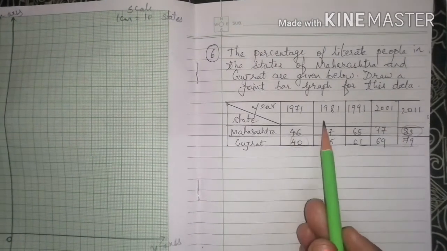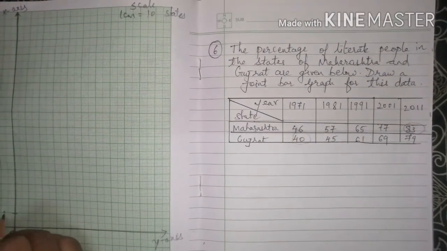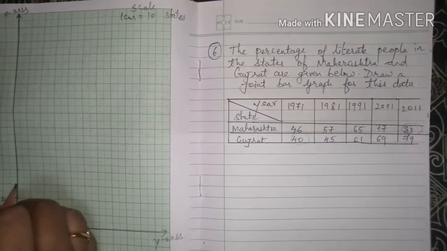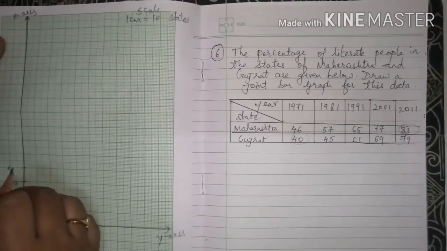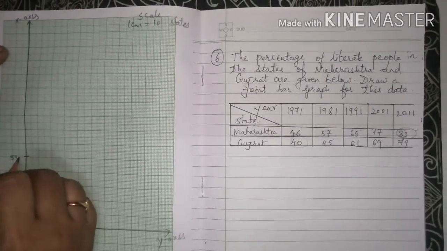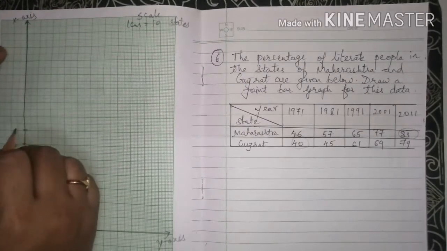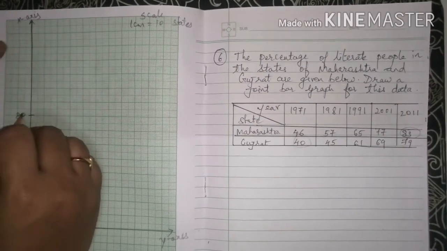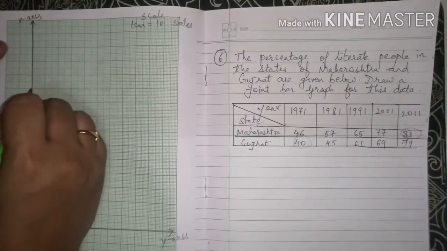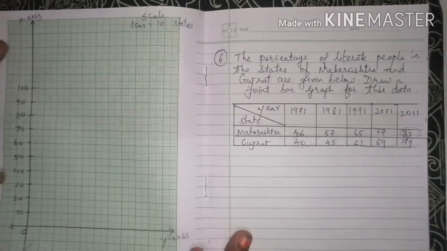And 10 people is what they 10, 20, 30, 40, 50, 60, 70, 80, 90, 100. We have shown till 100.